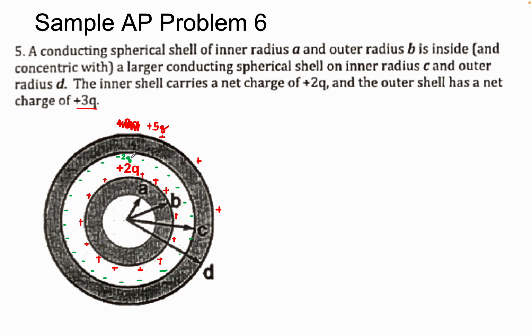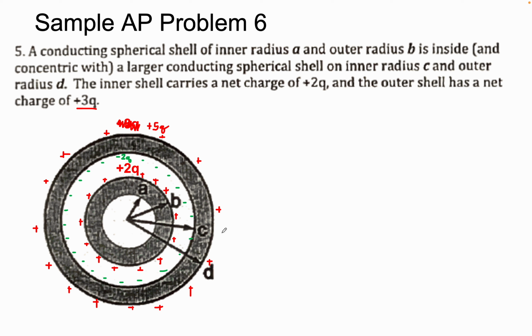Yeah, it still is. Inside charge negative 2Q, outside positive 5Q. And so overall the charge is positive 3Q. And now you can actually solve this just with Gauss's law.